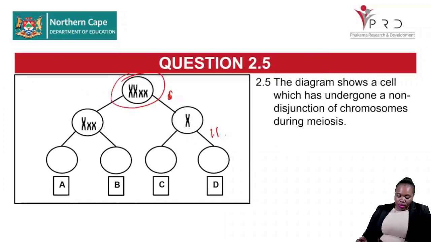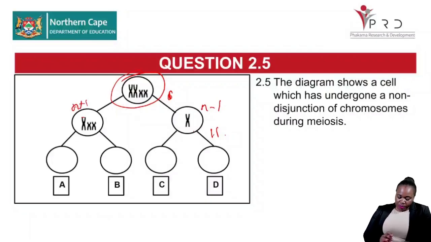Right, now here we started off with 4 chromosomes. Here we were supposed to have 2 chromosomes each. Right, that did not happen. On this side we have 1, and on this side we have 3 instead of 2. So here we have n plus 1, and here we have n minus 1. One chromosome short and one chromosome extra.